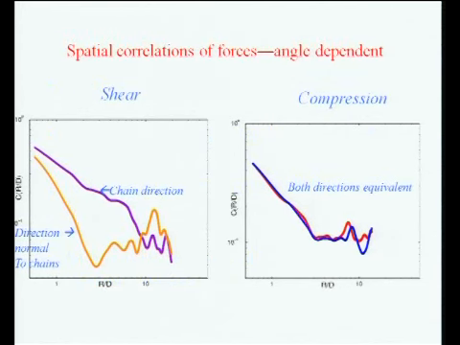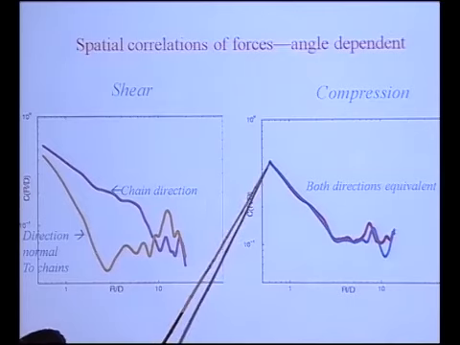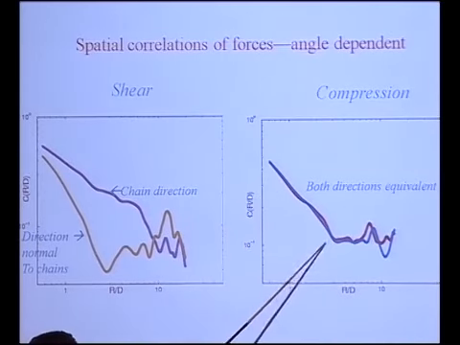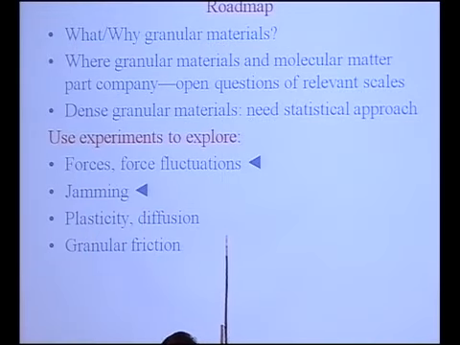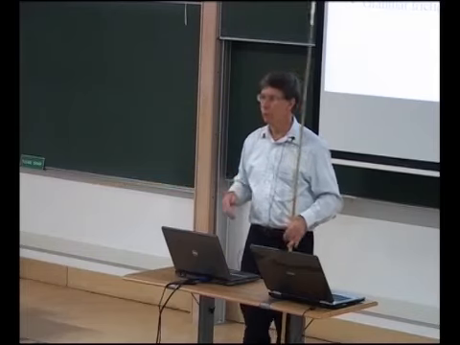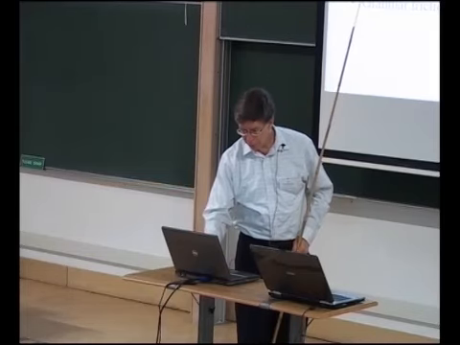So we're going to keep the angle fixed but average over all distances of comparable size when we look at the forces. And so now when we look at the sheared system, the correlation function, and this is log-log, is clearly much stronger along the chain direction than along the transverse, whereas in the compression direction, you actually have rather short-range correlations, which don't care about what direction you look.